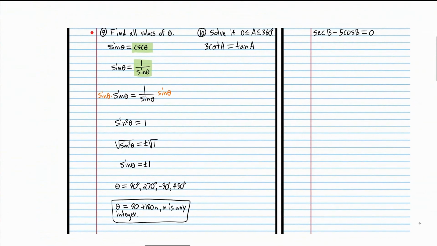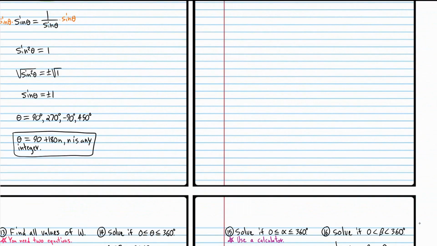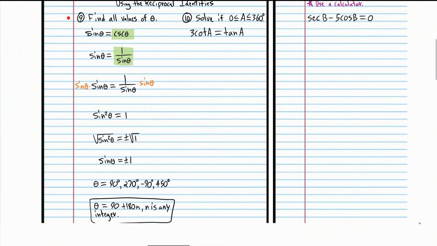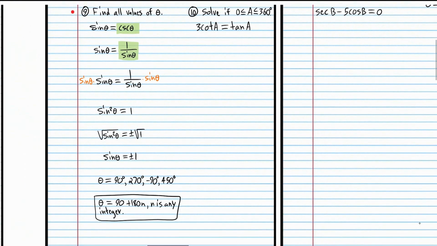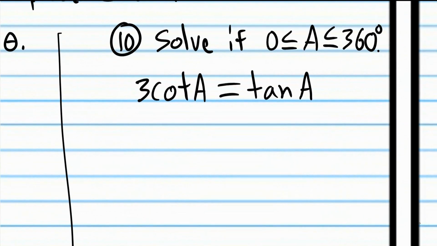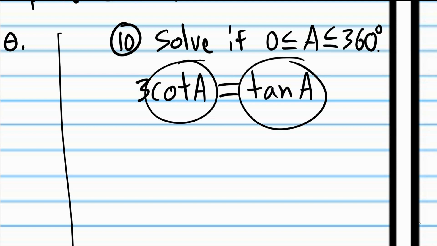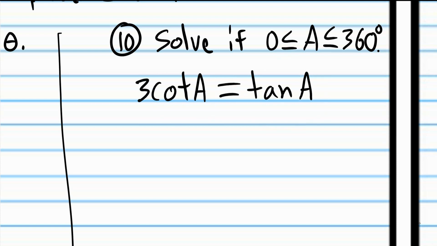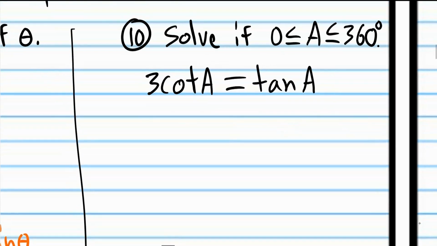Okay, so we use the reciprocal identity. And let's do another problem like that, where we're using the reciprocal identity. Now again, we have two different trigonometric functions, and the equation is too complicated when you have two different functions. So let's change cotangent to 1 over tangent.